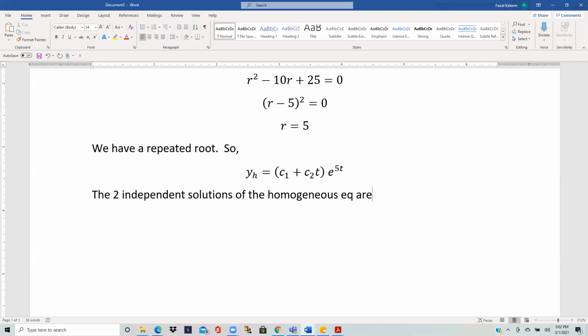So the solutions of the homogeneous equation are y1 and y2. If you expand this out, you get c1 e to the 5t plus c2 t e to the 5t.